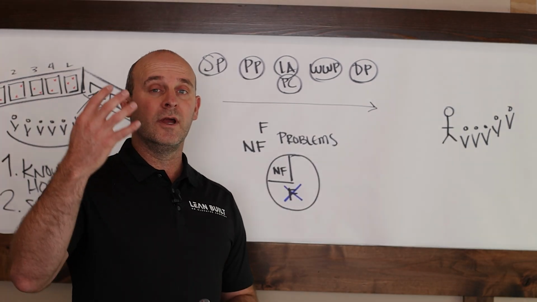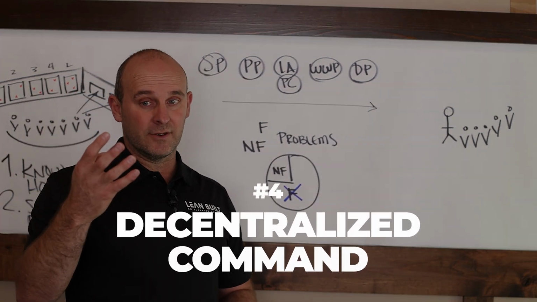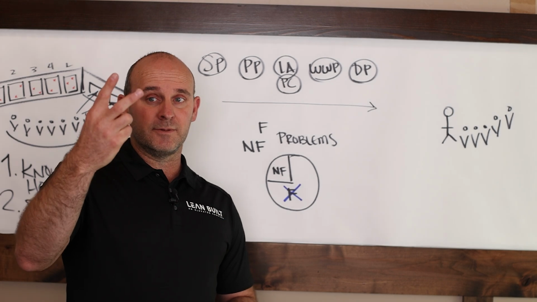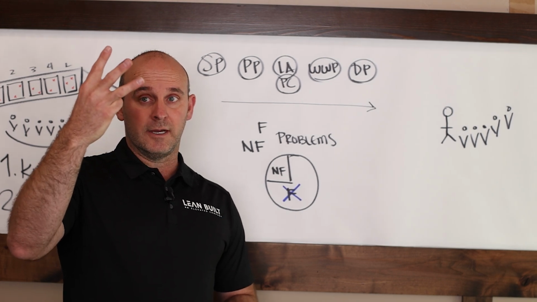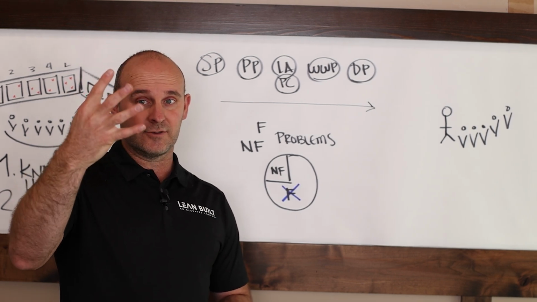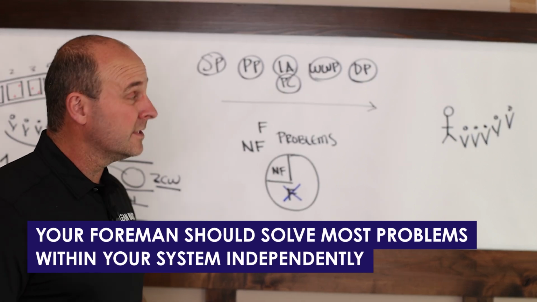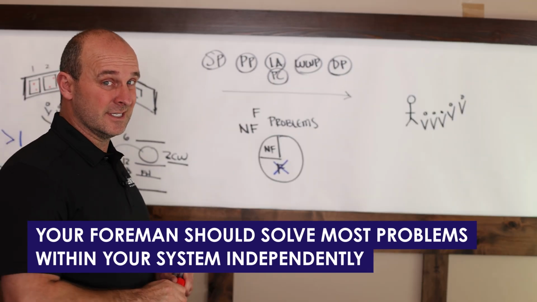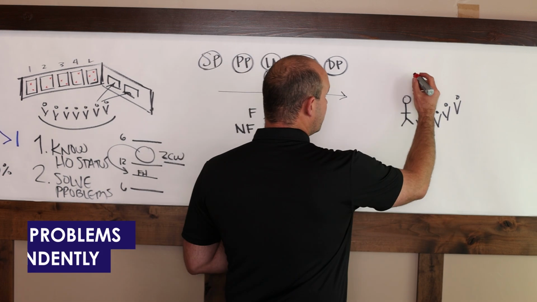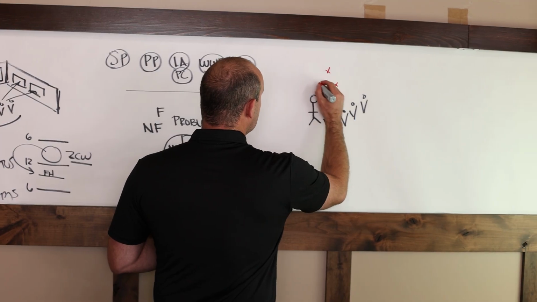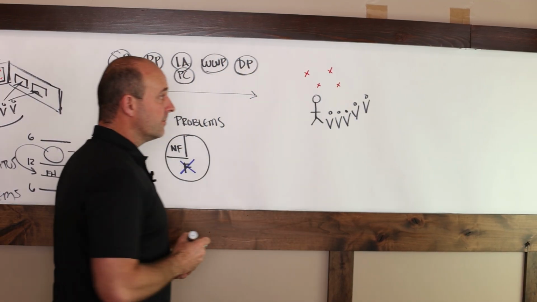And then number four, decentralized command. If you've built the team, simplified the mission, prioritized, and decentralized command, your foreman should be able to solve most problems by themselves inside the system that we've created. So I'm going to draw one or two or three or four problems that the foreman could solve.